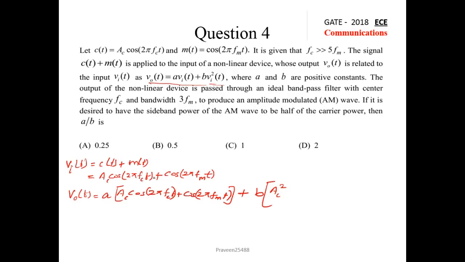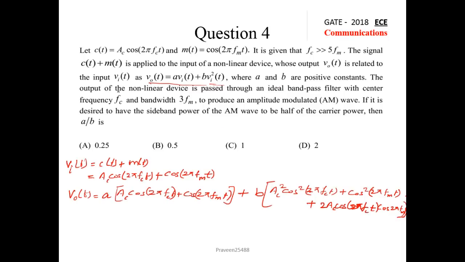So a plus b whole square would be a square, meaning AC square cos square 2 pi Fct plus b square cos square 2 pi Fmt plus 2 AC cos 2 pi Fct into cos 2 pi Fmt, right?